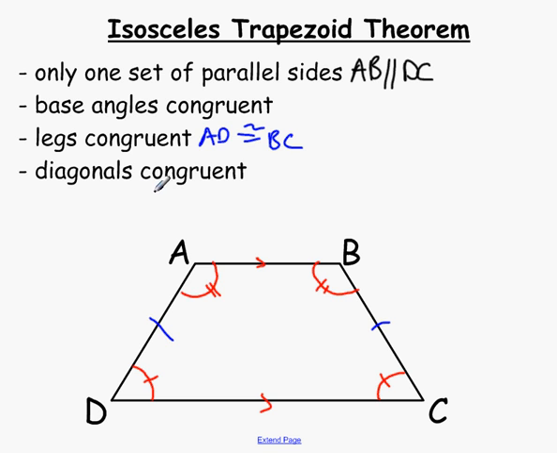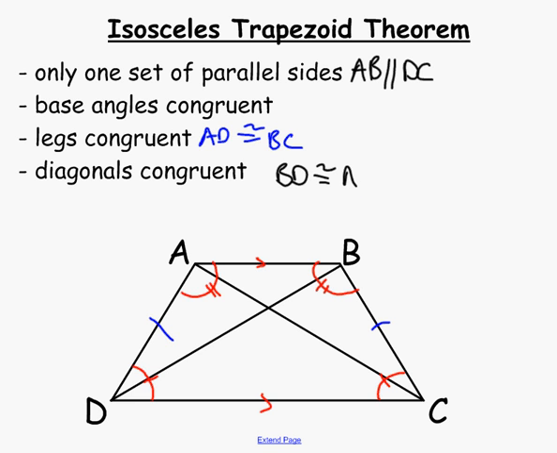And finally, the diagonals are congruent. So diagonal BD is congruent to diagonal AC.